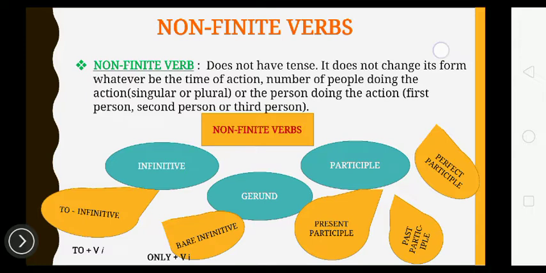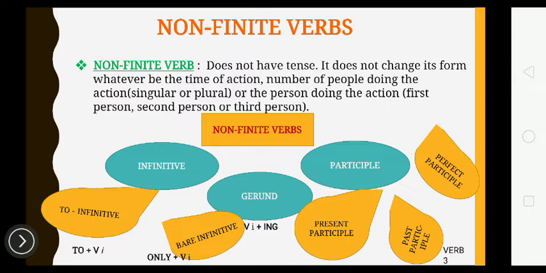Gerund, you will be finding first form of the verb along with ing. In present participle also you are going to find first form of the verb along with ing. Okay, so what is the main difference between gerund and present participle? Gerund will always symbolize a noun, but on the other hand, present participle, the first form of verb and ing, here it represents an adjective.